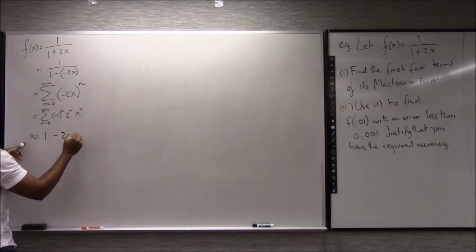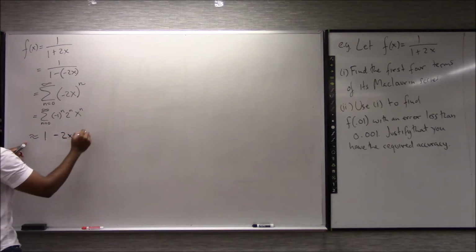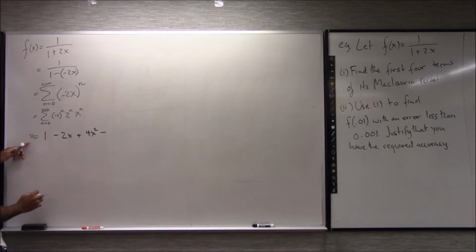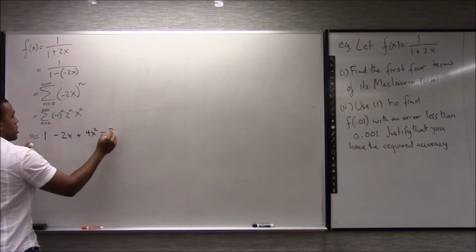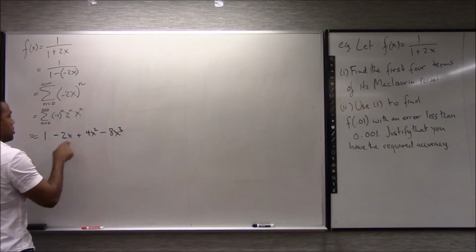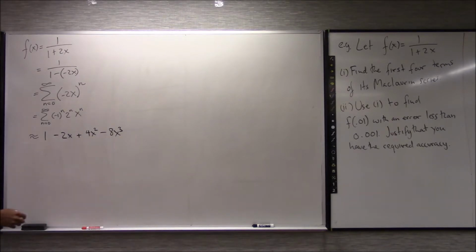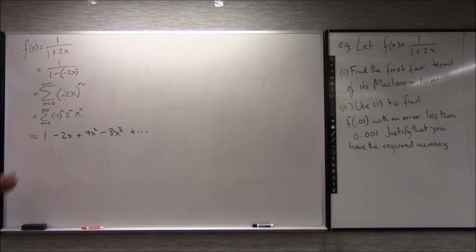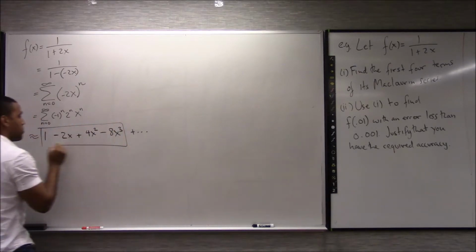Plug in n equals 2, I would have plus 4x squared. Plug in n equals 3, I would have minus 8x cubed. 1, 2, 3, 4. Those are my 4 terms. And of course it goes plus that. But that's my first 4 terms.